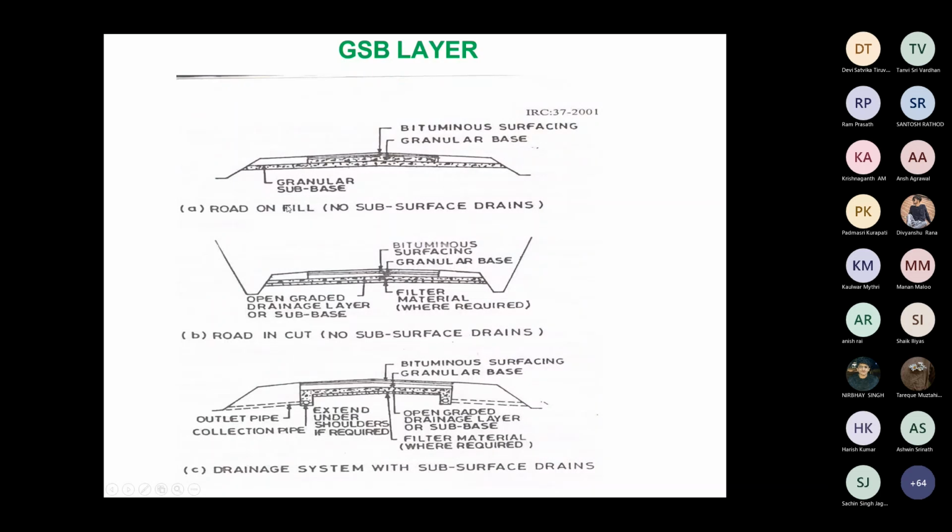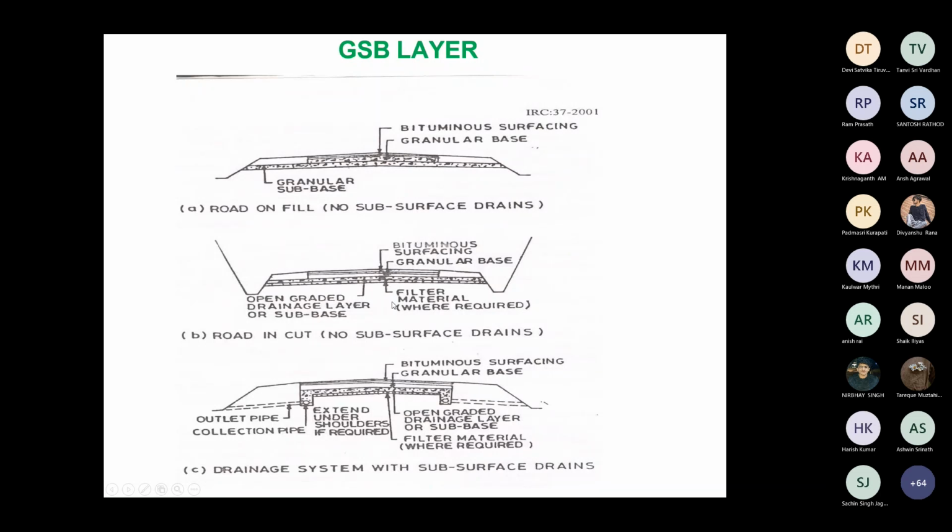The first one is a road on fill where no subsurface drain is provided, and you have a granular subbase. The second one is a road in cut, where again no subsurface drain is provided. Make sure that the GSB layer is extended from drain to drain. Here it is provided in two layers.